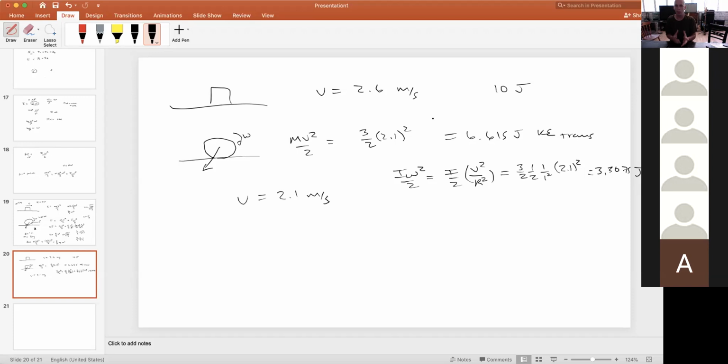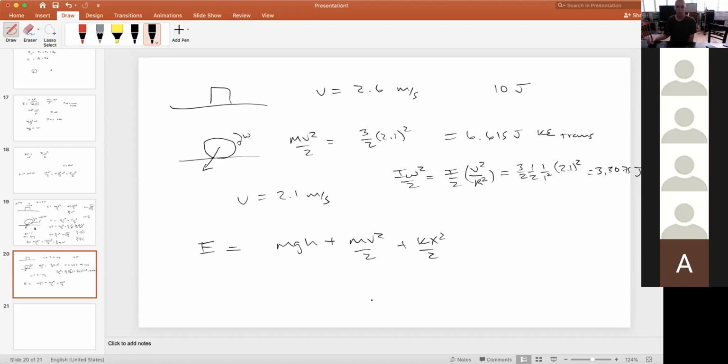Translation is the normal mv squared over 2. Rotation is I omega squared over 2. But you can always turn omegas into v's so that you don't have two different variables that you can't solve for. Practically for us, what this means is we just spent last week talking about how we just write down the different types of energies, right?